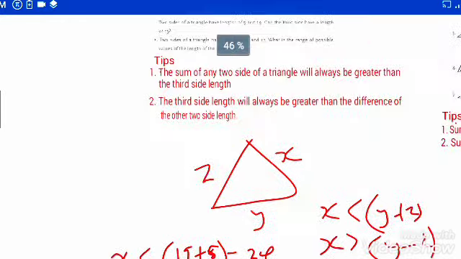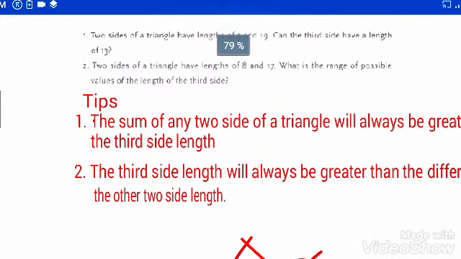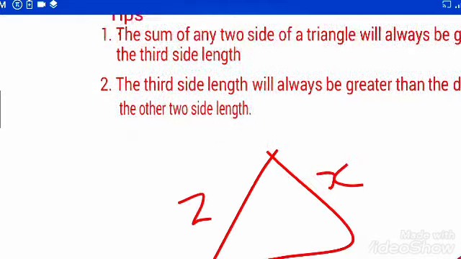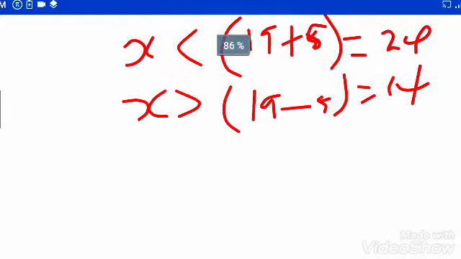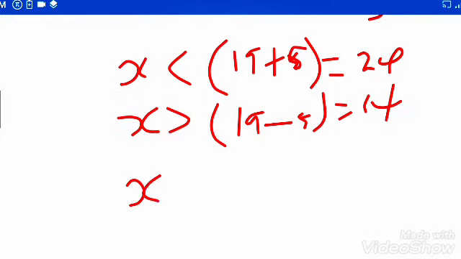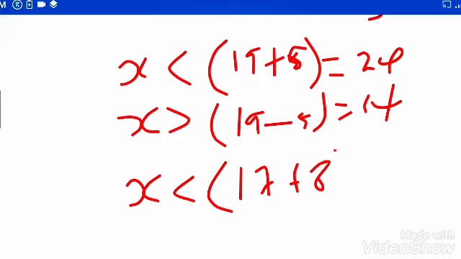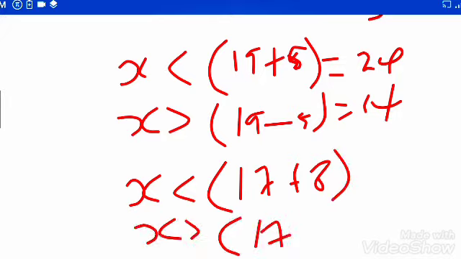Alright, the second question says, two sides of a triangle have lengths of 8 and 17. What is the range of possible values of the length of the third side? So we have 8 and 17. The third side is going to be less than 17 plus 8, and greater than 17 minus 8.